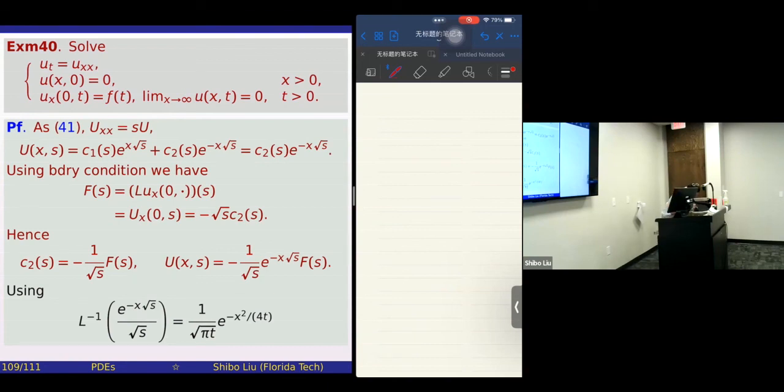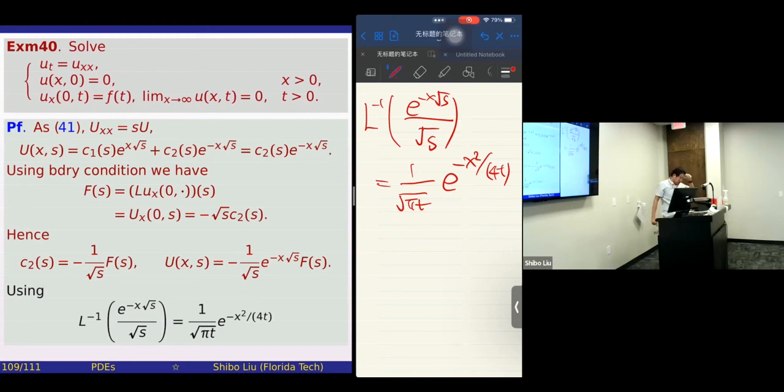I will copy this here: the inverse of e to the minus x square root of s over square root of s equals 1 over square root of pi t times e to the minus x squared over 4t. I will use this. And also our capital U is minus this over s. Okay, now let's go to the next page.